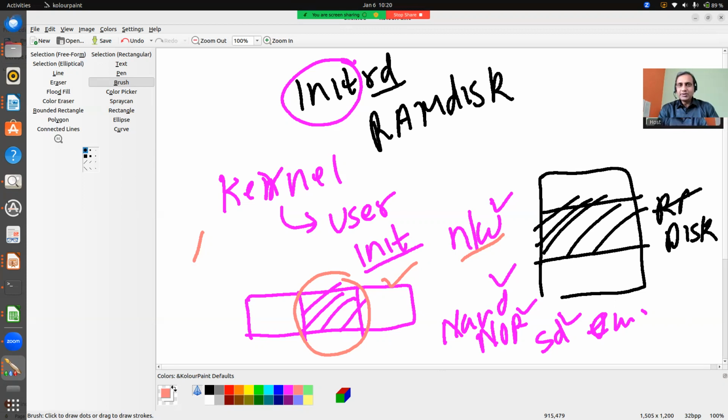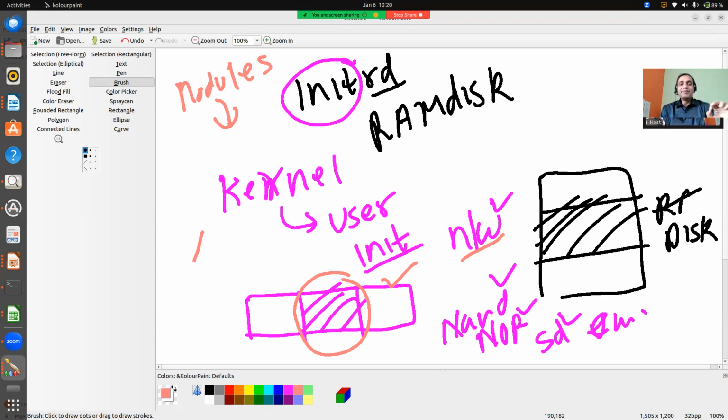So what we typically do is compile these drivers as kernel modules, and these are dynamically loaded at runtime. That means when the kernel has booted up, after that you load them and accordingly get the drivers. Now here comes the challenge.